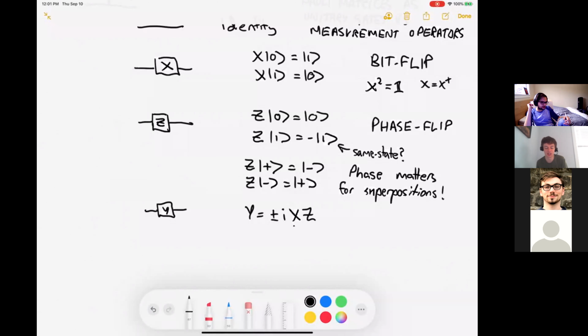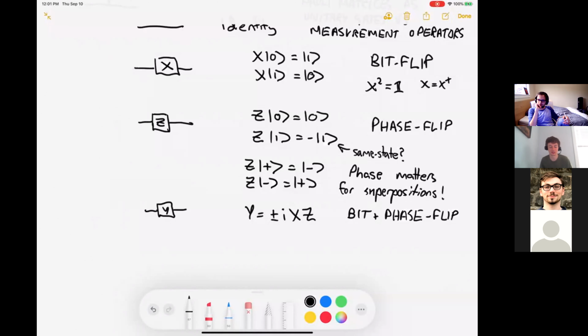So basically to apply Y, I just apply Z and apply X, or the other way around. So I guess this is a bit flip combined with a phase flip. But in general, when we talk about unitary gates, we just talk about X and Z.